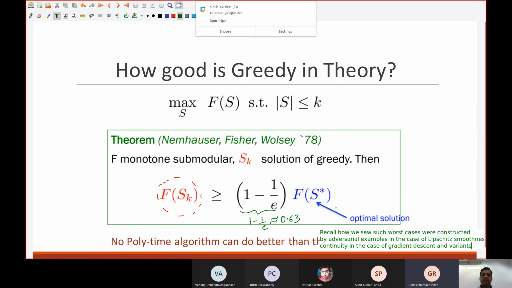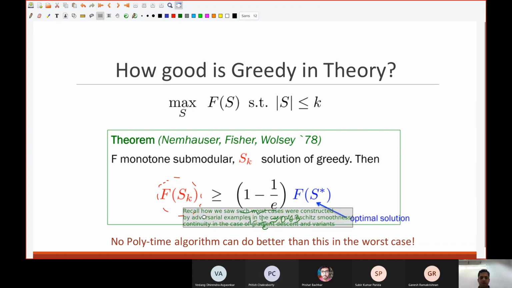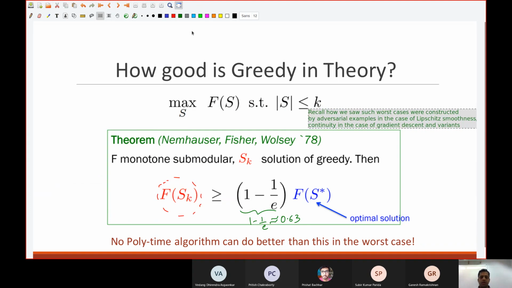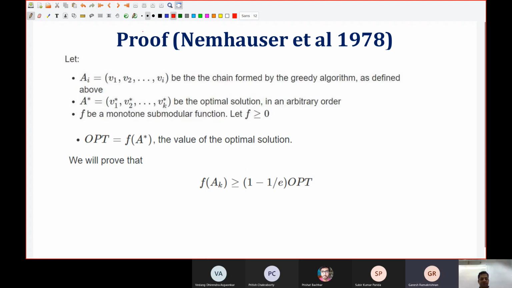We saw that earlier. Okay, so that probably explains one part why this is a very reasonable lower bound. So let's try and prove this.